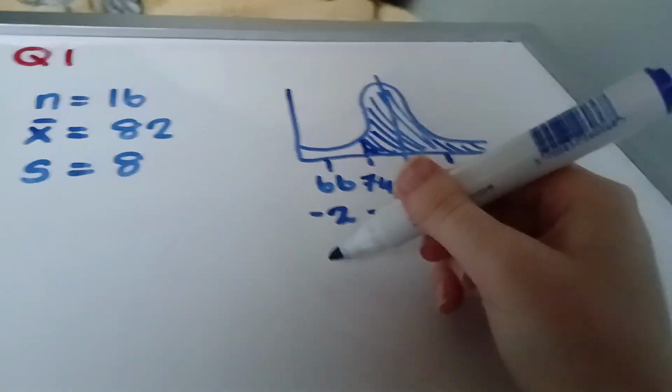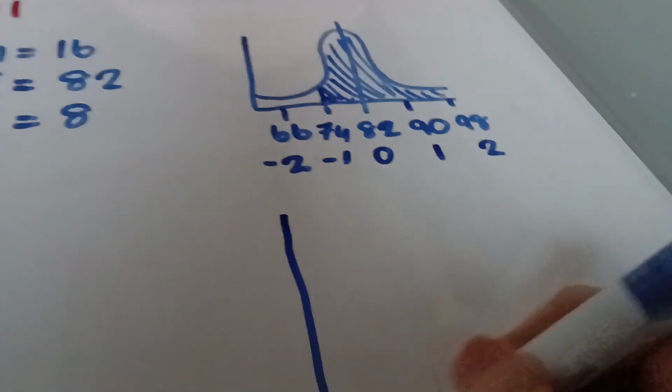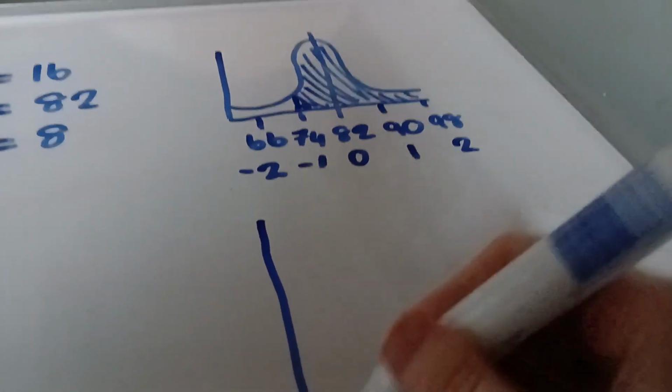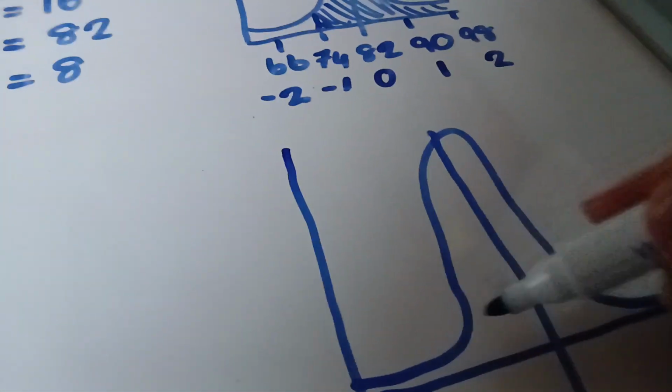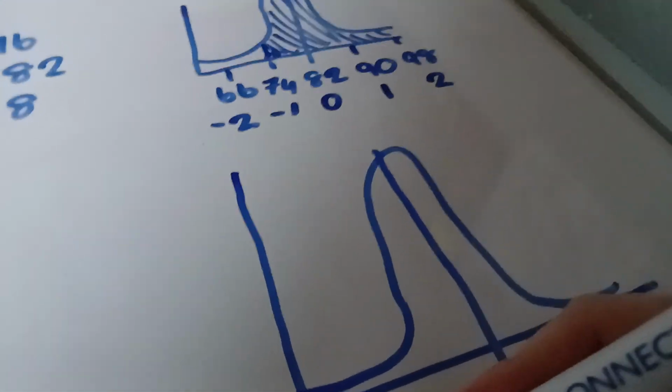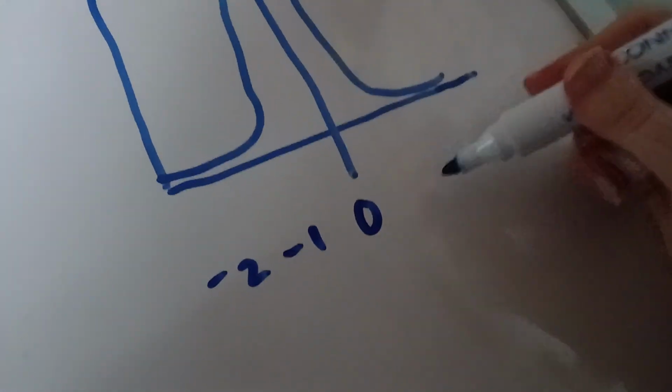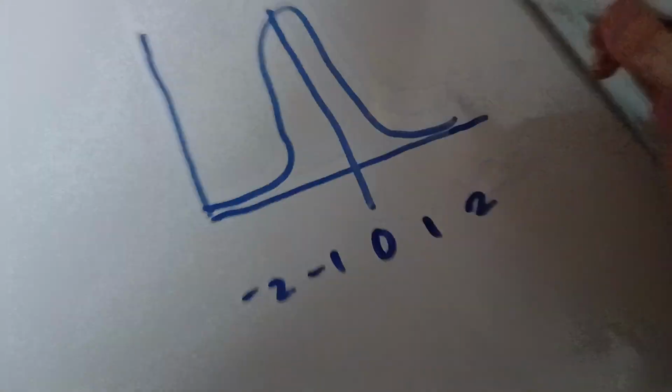According to the normal distribution, I'll draw out another one here just so that we know the percentages. Well, that's not great. But anyways, we'll go 0, -1, -2, and then 1 and 2.